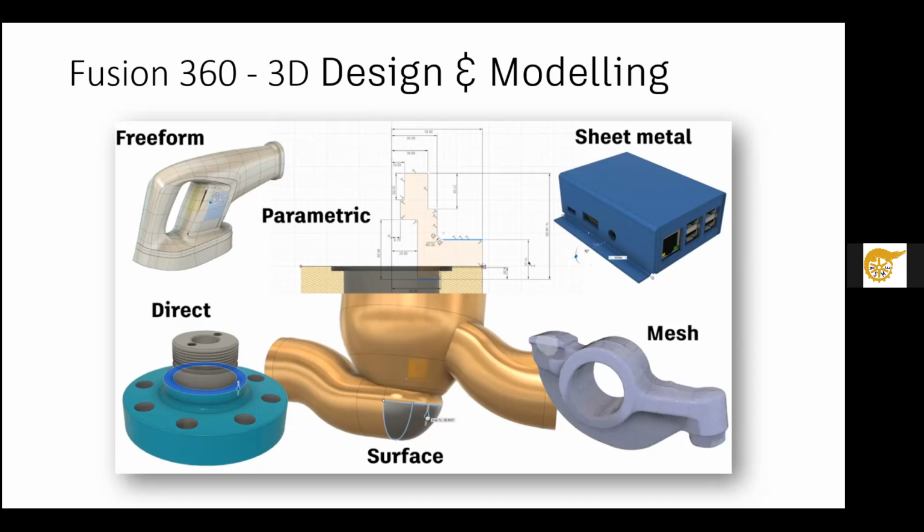There's sheet metal design for just flat two-dimensional sheet metal, or 2.5-dimensional sheet metal, that you can create three-dimensional designs for, do things like bending, relief bending, and so forth. We have surface type CAD, which is the traditional type surfacing.